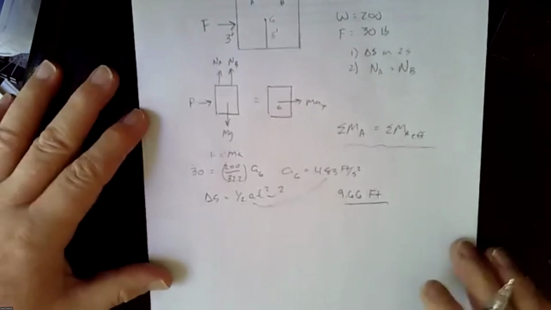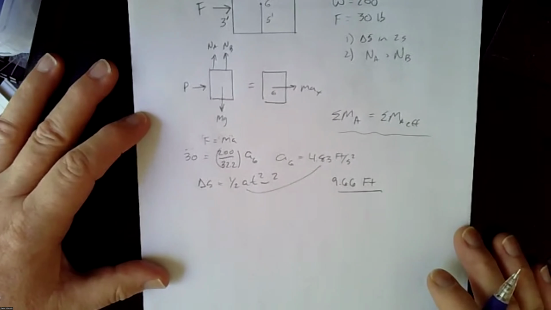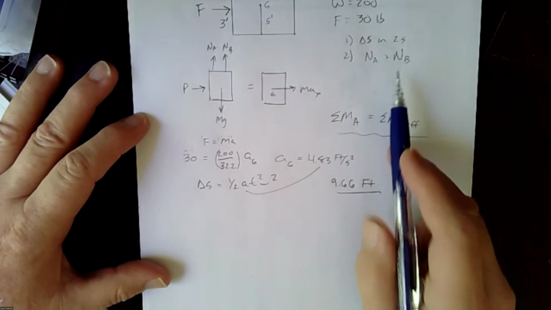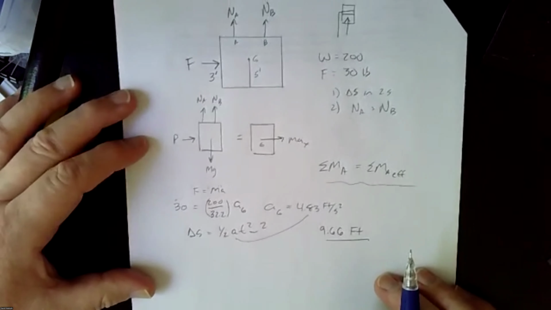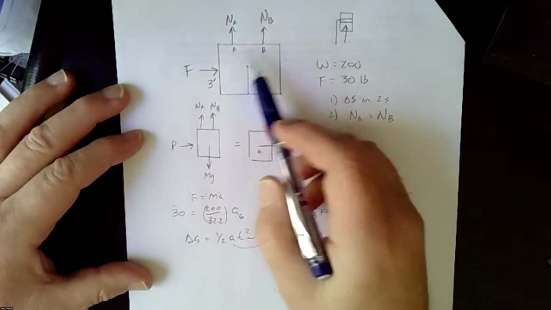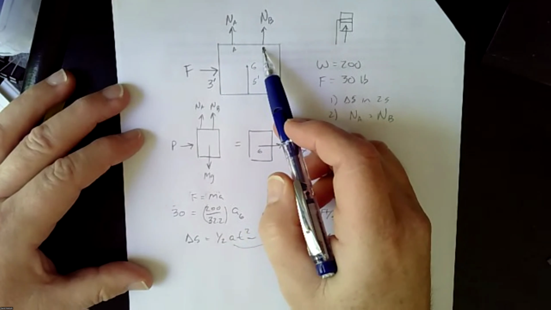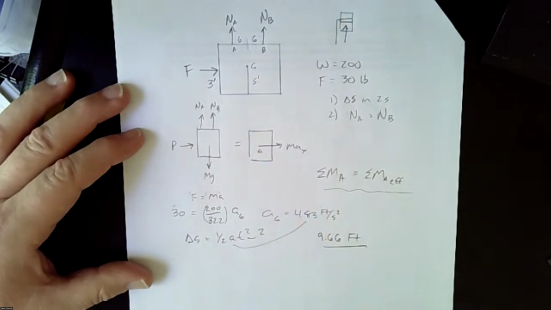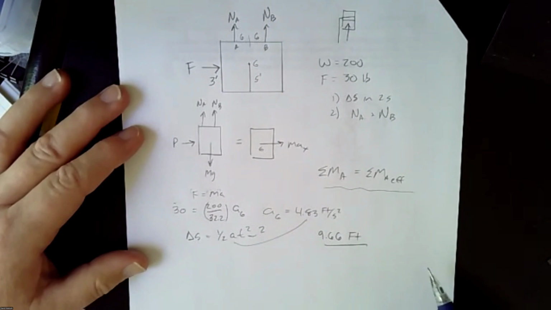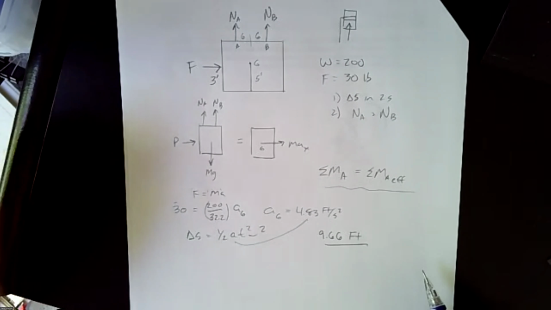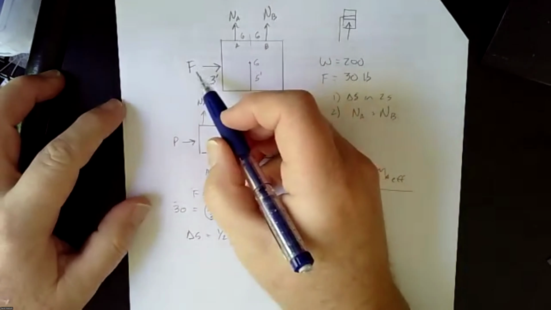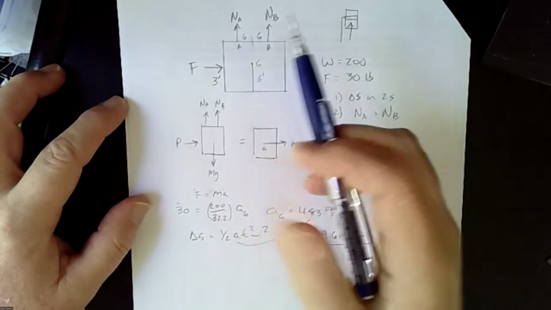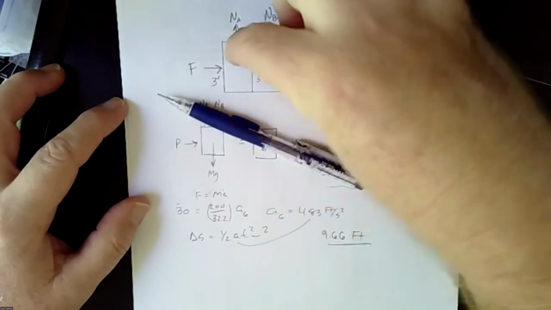So that's chapter 12 stuff. So now let's look at finding NA and NB. Now, in a static example, since they're symmetrical and both 6 feet from the center, we would just say they're each 100 pounds. And that's fine in statics, but for dynamics, as you push this way, there's a tendency for this door to want to rotate.